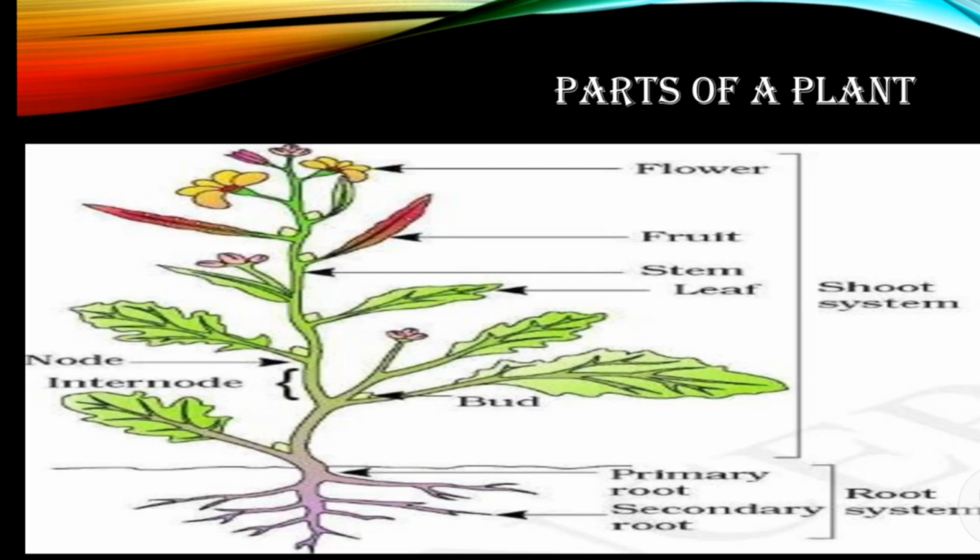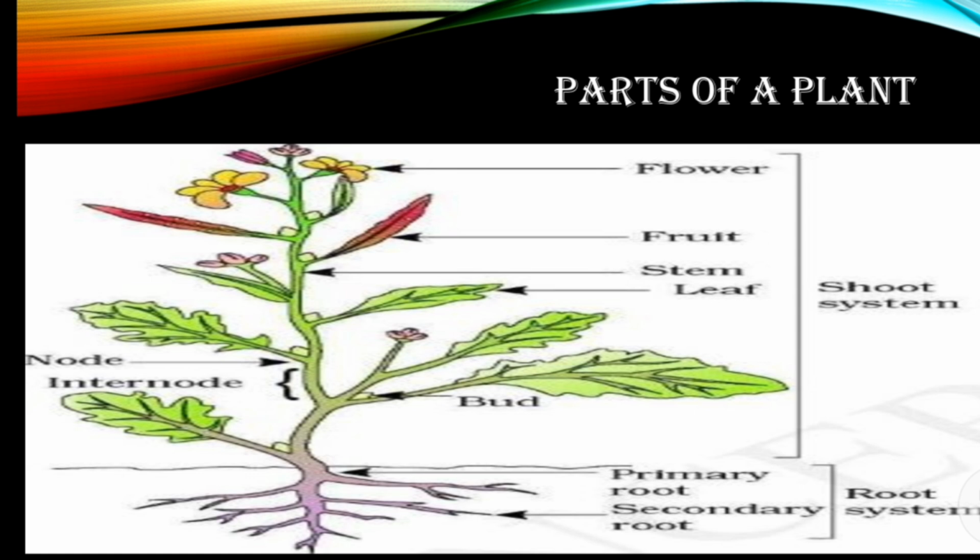So here you see the plant part which is below the soil is known as roots, and the main root is known as primary root, and the branches arising from the main root are known as secondary roots.